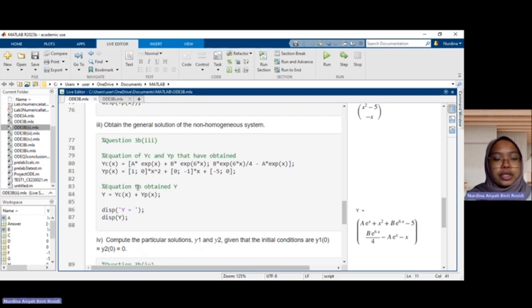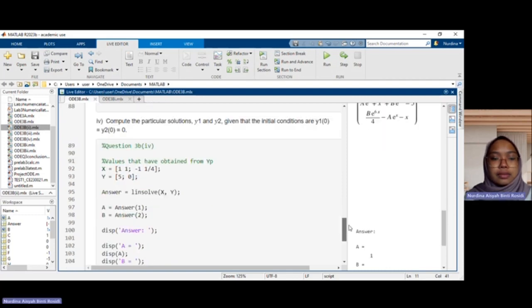Then I put the equation to obtain y, where the equation is y equals yc(x) plus yp(x). Then it will display y equals. And when we run, the answer is a exponent x plus x squared plus b exponent 6x minus 5, b exponent 6x over 4, minus a exponent x minus x.